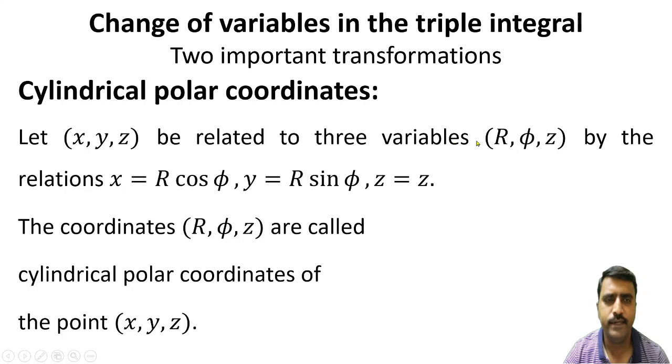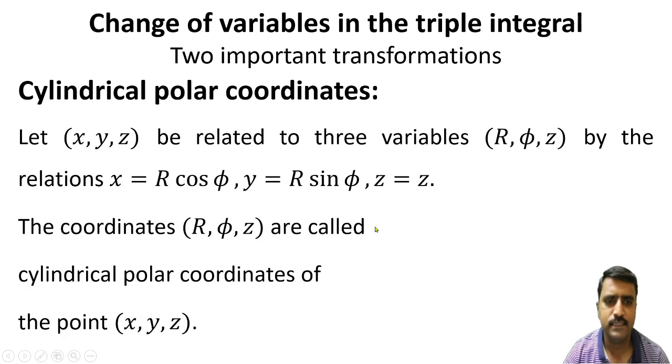They are related to r, phi, z by the relation x is equal to r cos phi, y is equal to r sin phi, and z is equal to z. So here the coordinates r, phi, z are called the cylindrical polar coordinates of the point x, y, z.